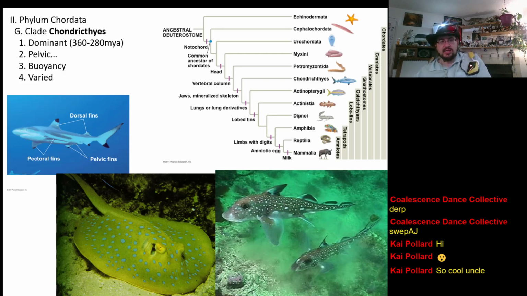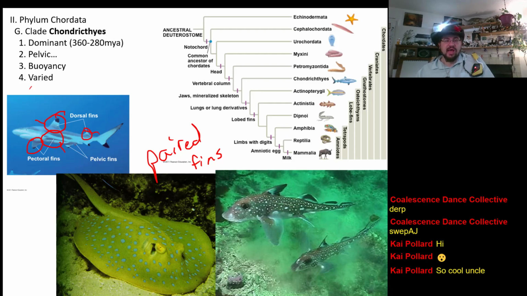Hooray, humanity. So, they have paired appendages, paired fins. So, in general, when you have paired fins, you have a pair of dorsal fins, right? The other ones that are easily recognizable are the paired pectoral fins.